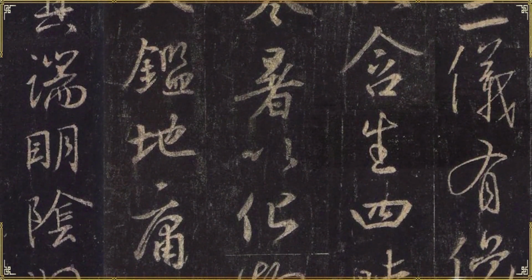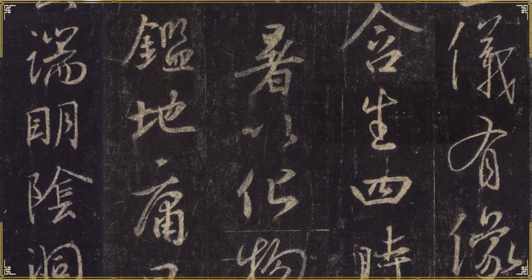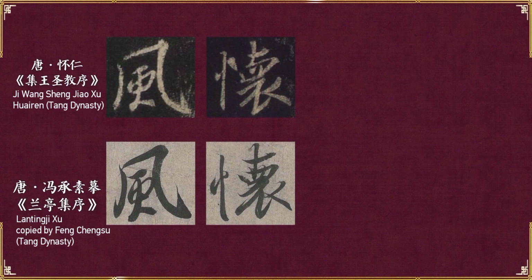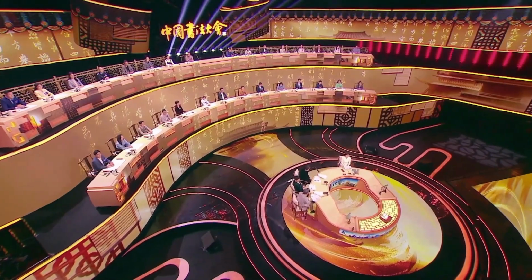In the eyes of ancient people, it was considered very authentic, with the effect of every stroke and dot clearly visible. According to current statistics, there are about 60 or more characters from the Lantingji Shu used in it. It has greatly contributed to the preservation of Wang Xizhi's calligraphy. Secondly, when Huairen made this stele, he consciously conveyed Wang Xizhi's creative characteristics of each character, and the arrangement is lively.